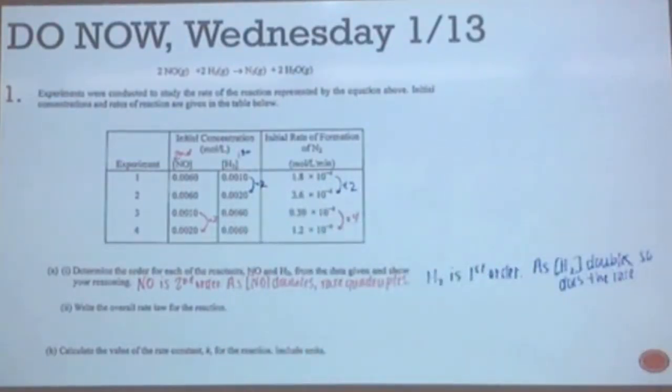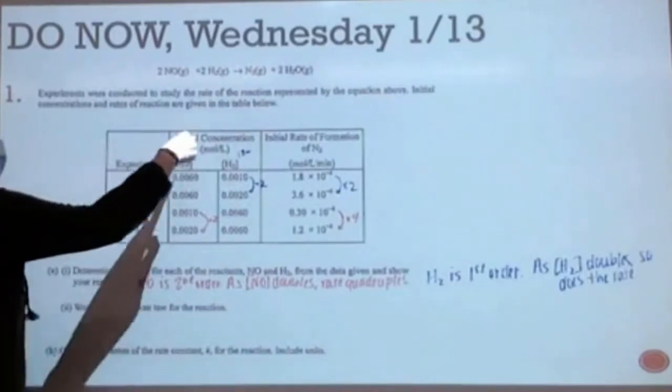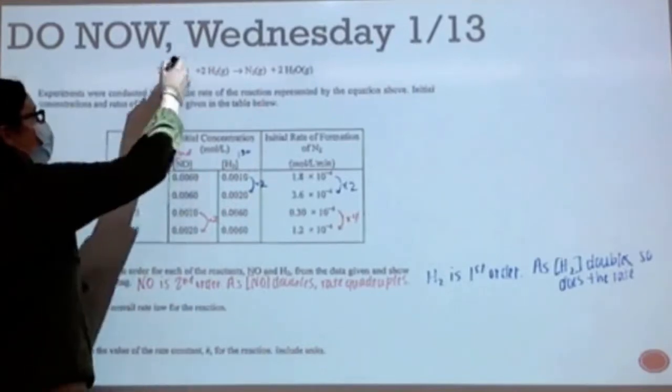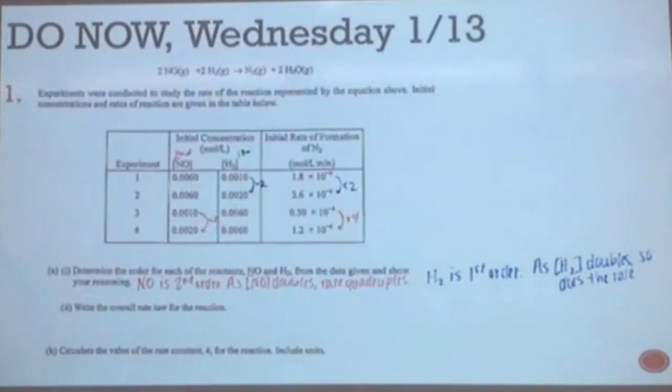So then part 2, write the overall rate law for the reaction. So the overall rate law is going to come from the orders that we just determined based on the data. Again, the reason we need to use the data is because this is just a single reaction. It's not a mechanism. Not an elementary step of a mechanism, it's just one step.